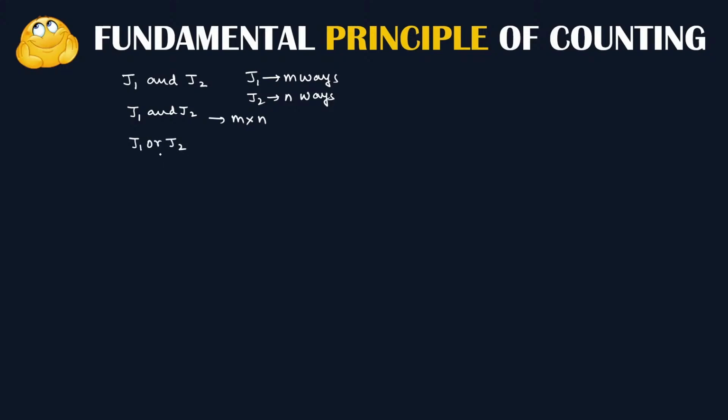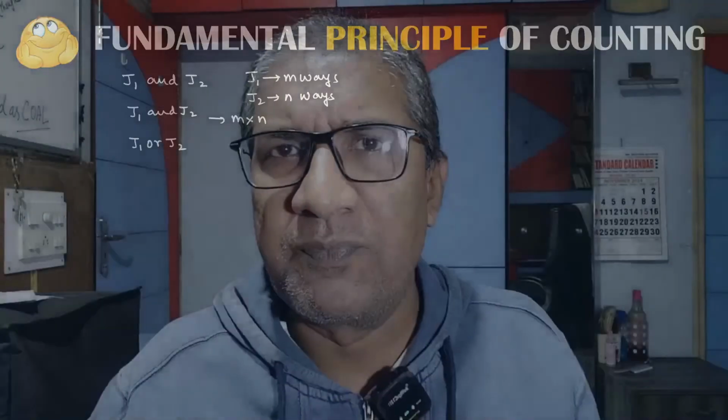So to complete the work, either you do job 1 or you do job 2 and the work will be completed. If this is the scenario, look very carefully at what you are getting. You are getting "or" in between. So when "or" is coming in between, it means that we have to go for addition. We have to go for addition.